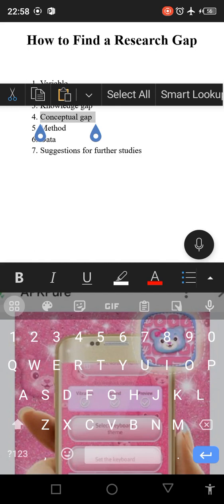That's also a gap. It could also be the theory being used in the study, and you felt that this theory could be extended beyond the way it is. That's also a gap. For instance, there may be a need for you to do more research to understand the relationship between two concepts used in the study.